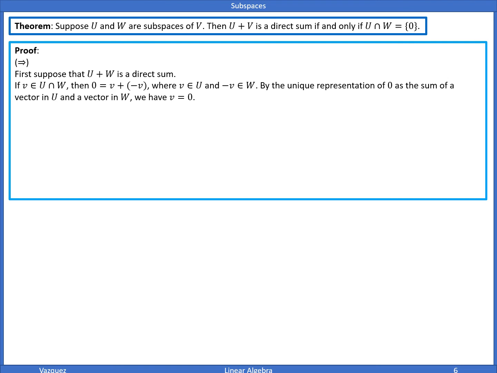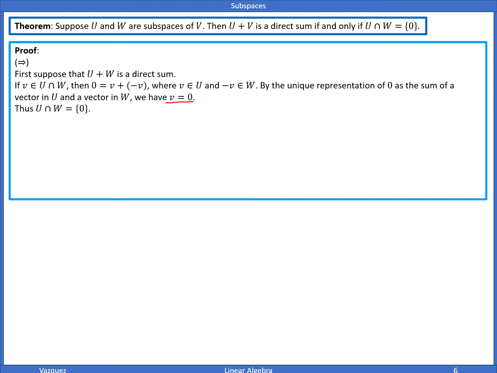Then if v is in the intersection of U and W, then 0 is equal to v plus its inverse, negative v, where v is in U and negative v is in W. And since it's a direct sum, we have the unique representation of 0 as the sum of a vector in U and a vector in W, so v is equal to 0. Therefore, the intersection of U and W is just 0. So that completes the proof in one direction.